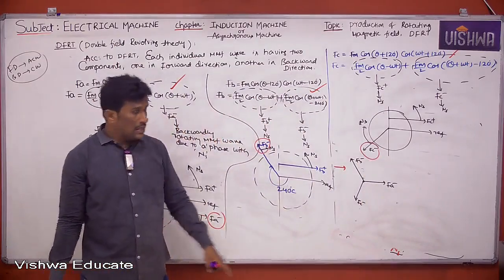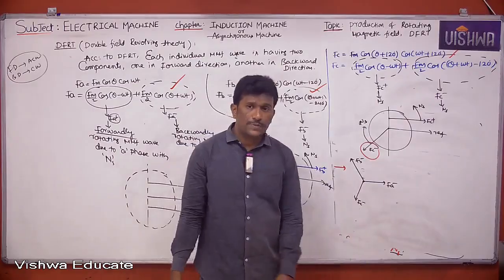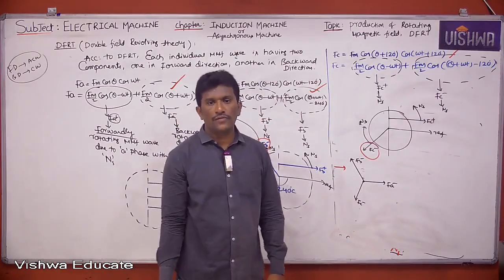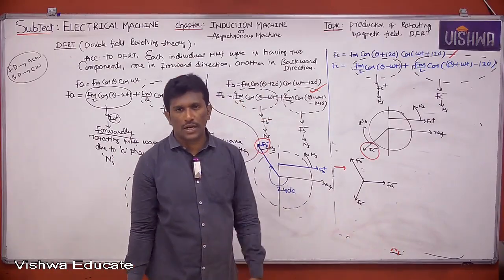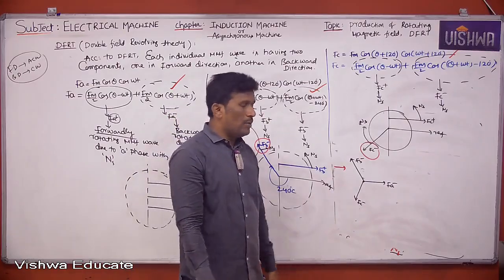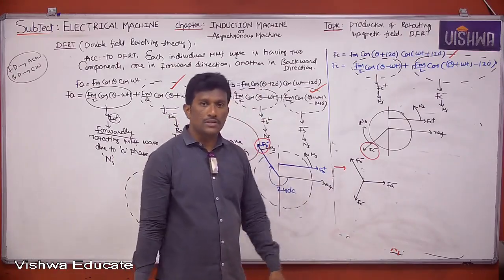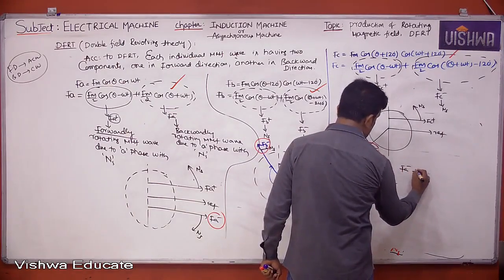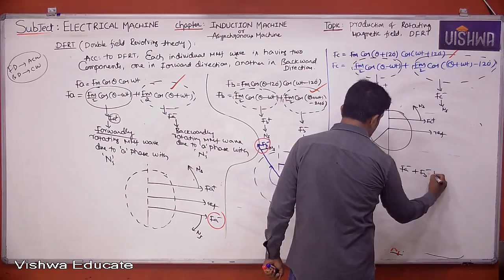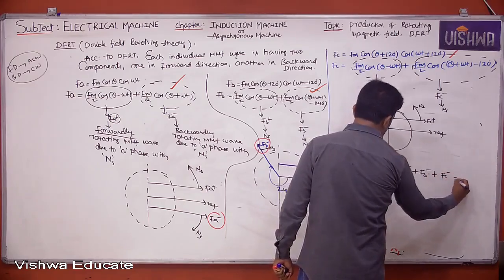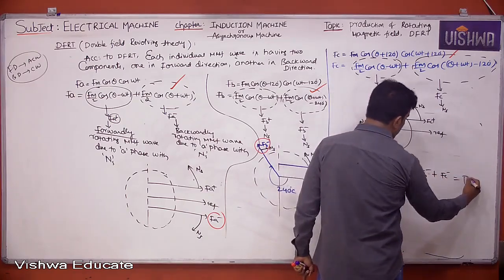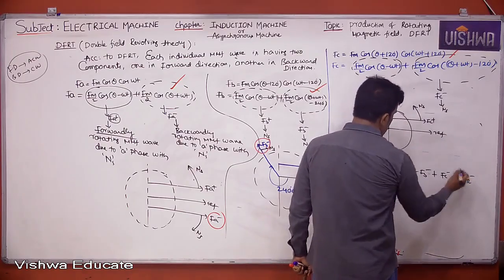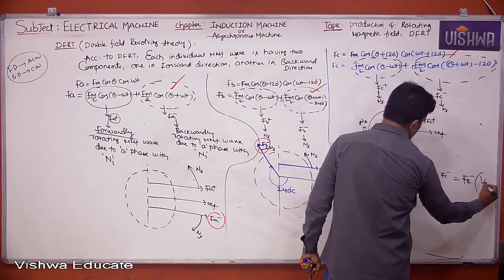See, these three backward components are displaced by 120 electrical. You know already, if three vectors are displaced by 120 electrical, their vector sum becomes 0. So I can write here FA minus plus FB minus plus FC minus is equal to, I can say, FR minus. This is the vector sum.